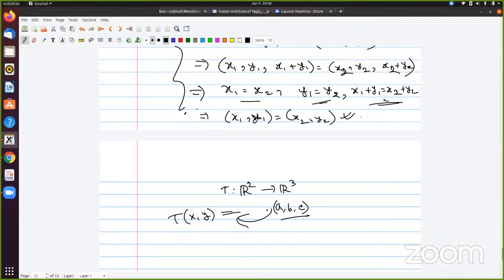If that happens, then it is onto. If you can find one element in R3 which is not in the image of T, then it is not onto. Is it clear? Yes, sir. Sir, does that mean in general that an R2 to R3 mapping is mostly not onto? Yeah, that is basically the case. It can never be onto.